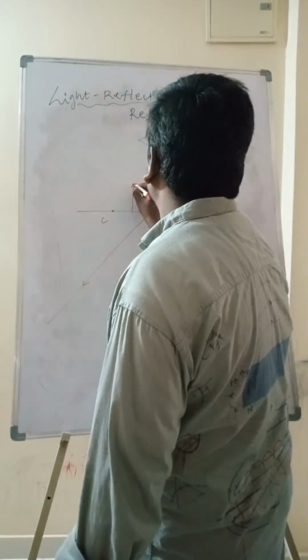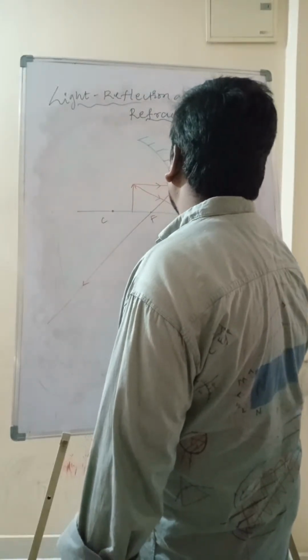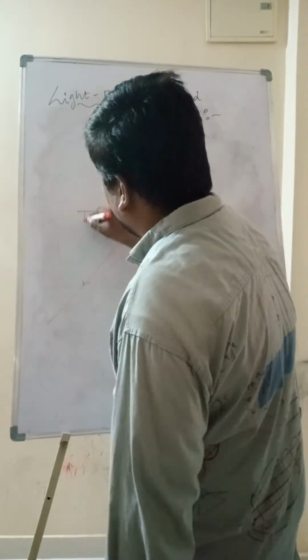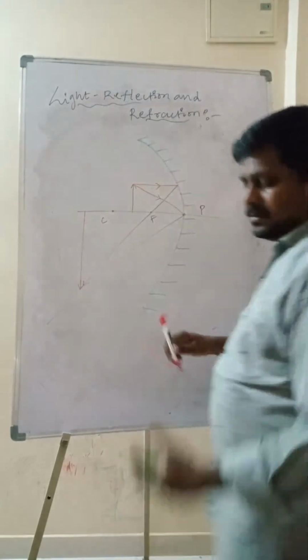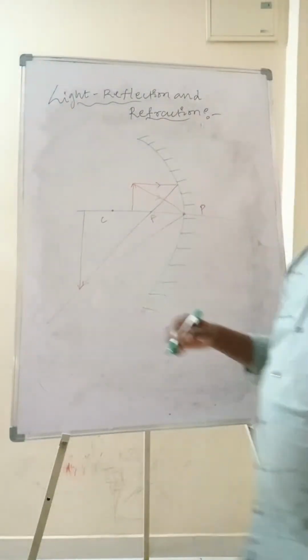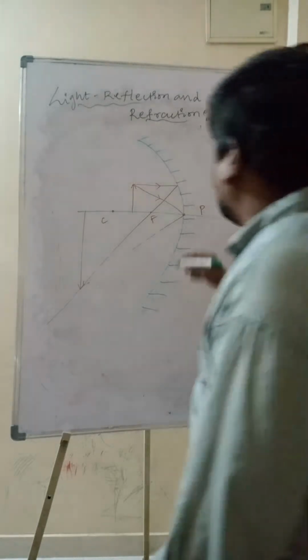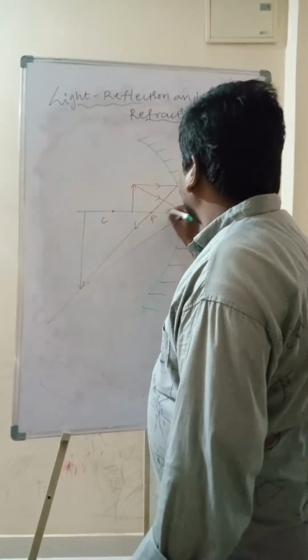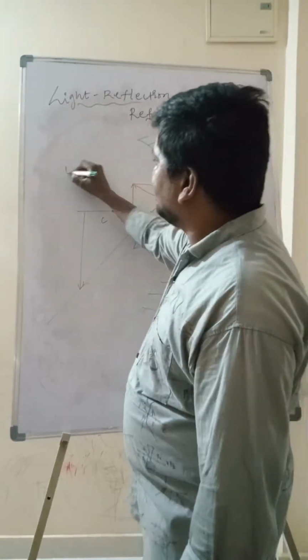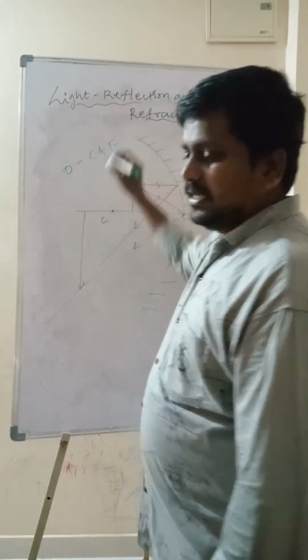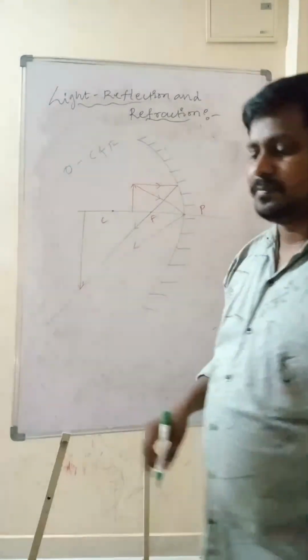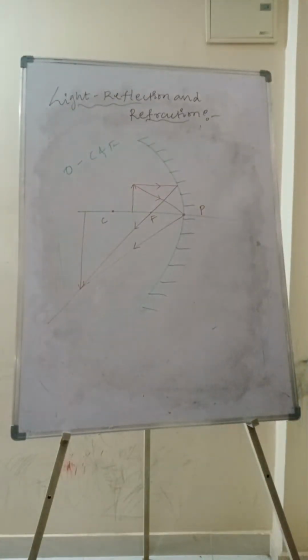Another light ray is incident at the pole, so it will be reflected back. Then the image will form here. So here the object is between C and F. Where will the image form?